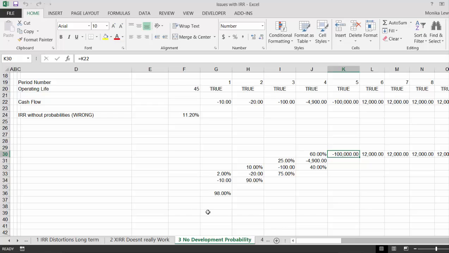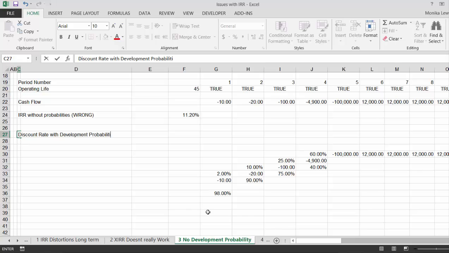Now, let's just try a discount rate with a development probability. And let's pretend that this is something like 15%. Okay?